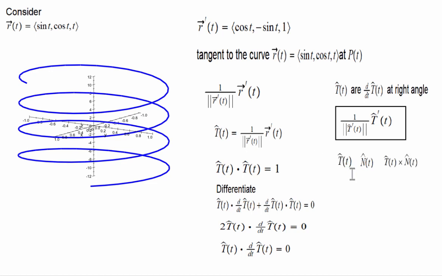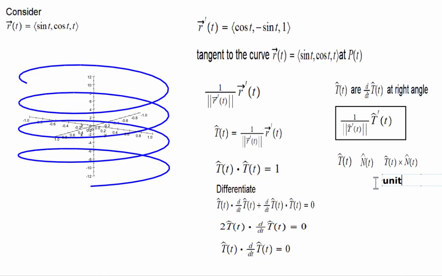So if we look at these vectors, t and n, which are unit vectors and perpendicular to each other, and form the vector t cross n, first of all, this will also be a unit vector, because t is a unit vector, n is a unit vector, and these are at right angles, so sine of 90 degrees is 1.